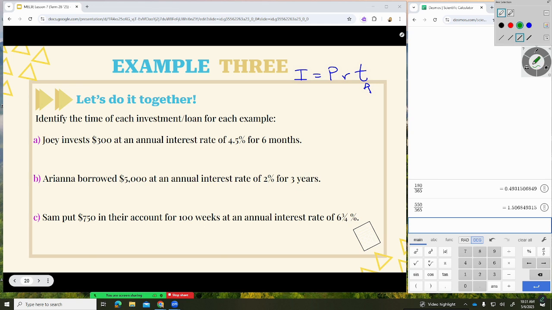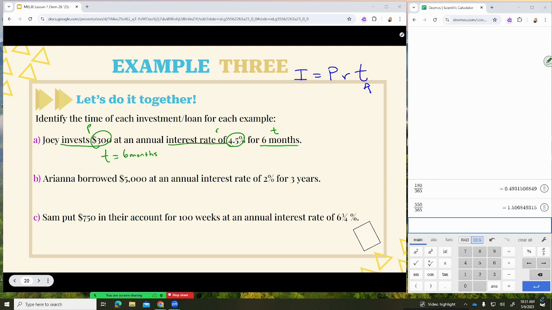We know that invest 300, that's principal. We know interest rate is rate. 6 months, that's our time. So T equals 6 months, but we must express it as years.